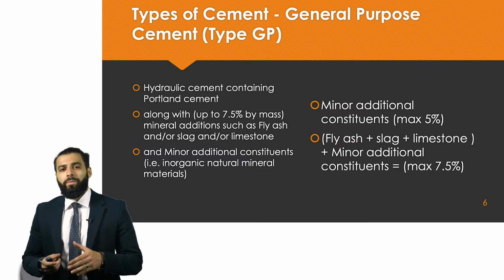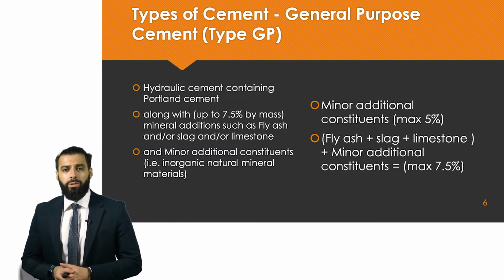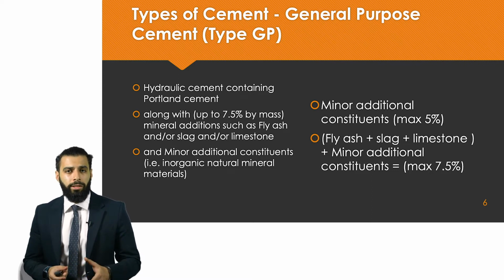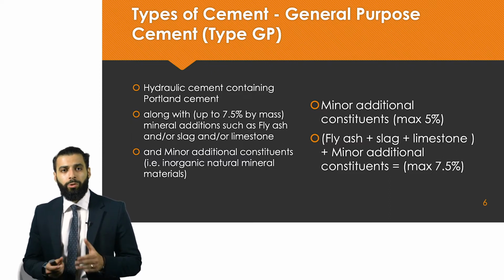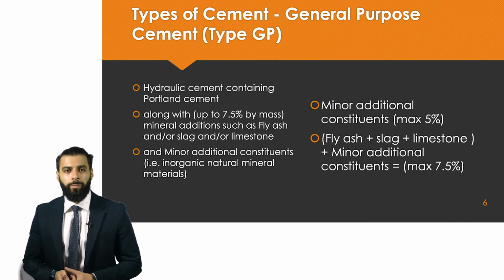So in addition to these minor additional constituents, and these are inorganic materials, you can have other materials that can be added, and these include fly ash, slag and limestone. So when you combine fly ash, slag, limestone and the minor additional constituents, it should be a maximum of 7.5% of the total mass, and then the remainder would be composed of your Portland cement.